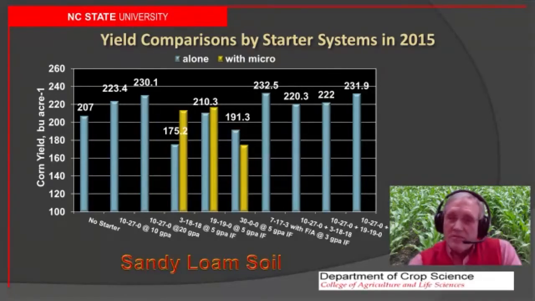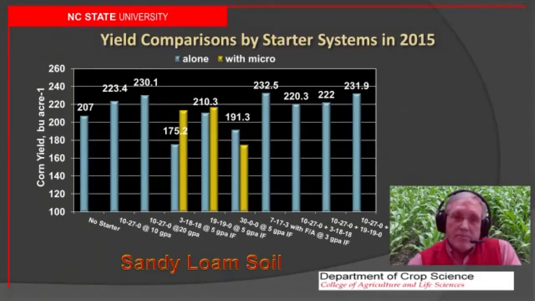Particularly if we use something like a 3-0 or a heavy rate of 3-18-18. And then you can see there we could go with a 7-17, did all right, or even the blends here did okay.